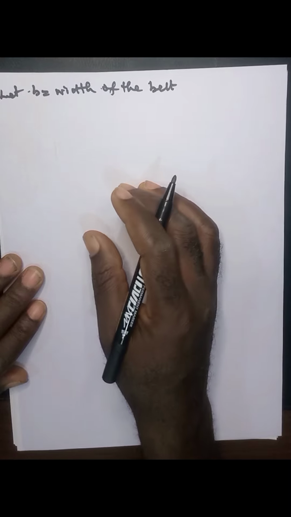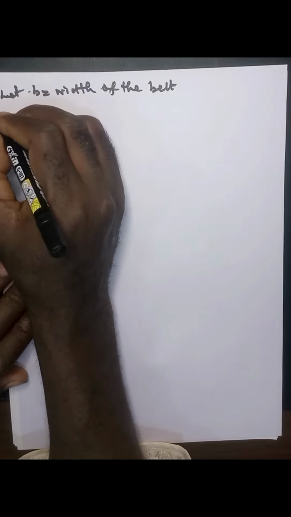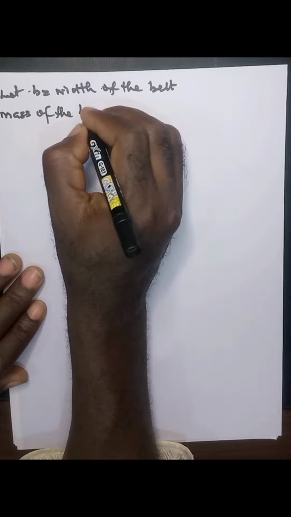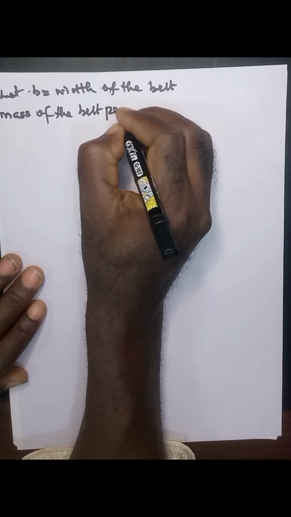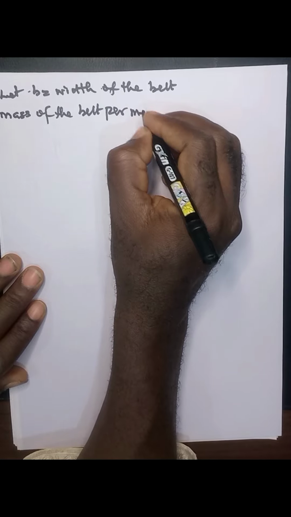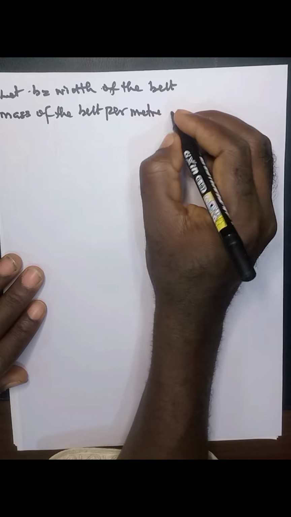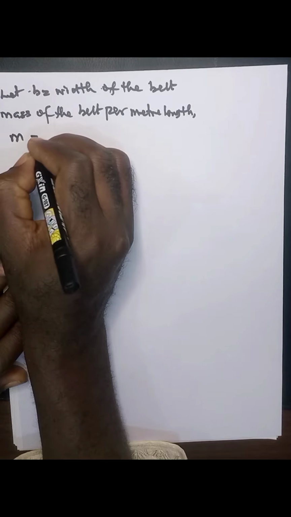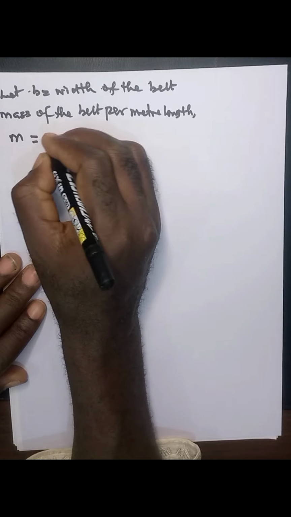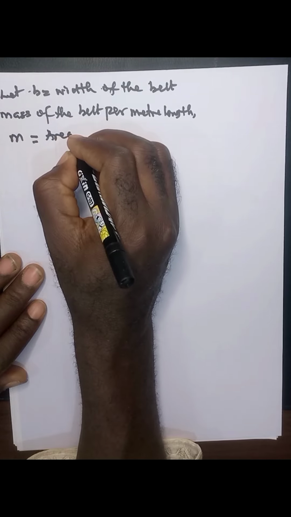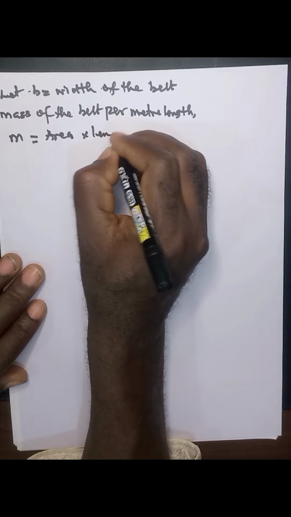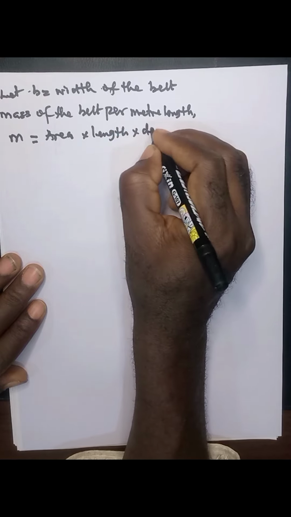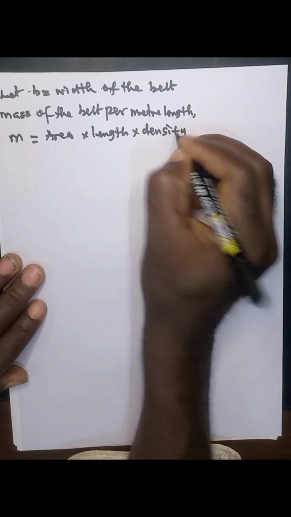Then here we have the mass of the belt per meter length, m, is given as area of the belt multiplied by the length of the belt multiplied by the density of the belt material.